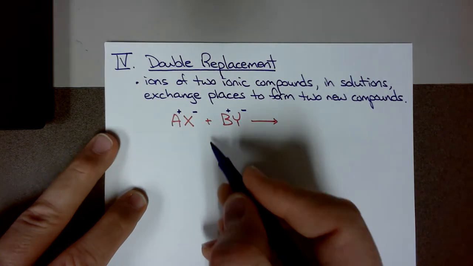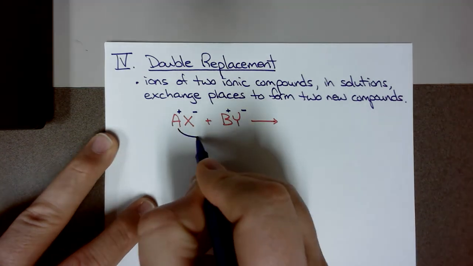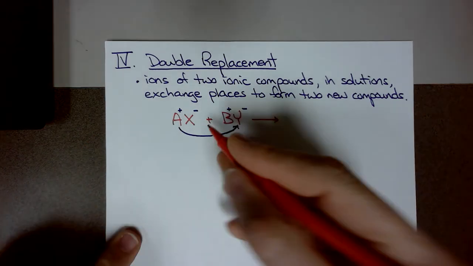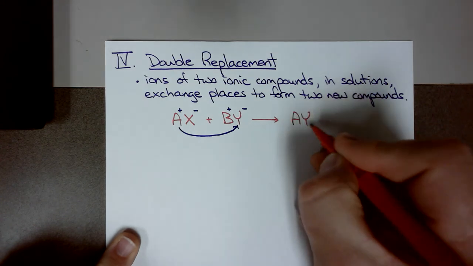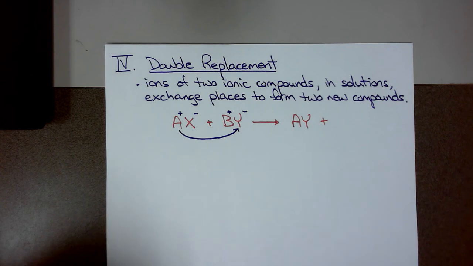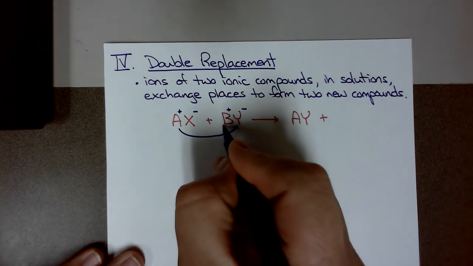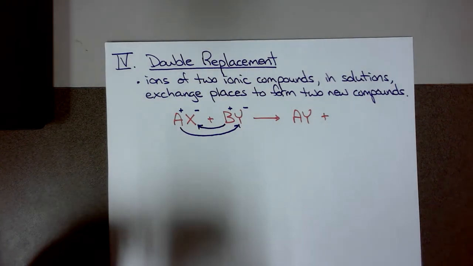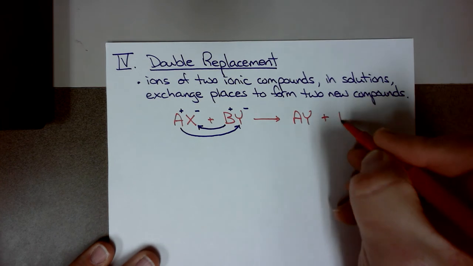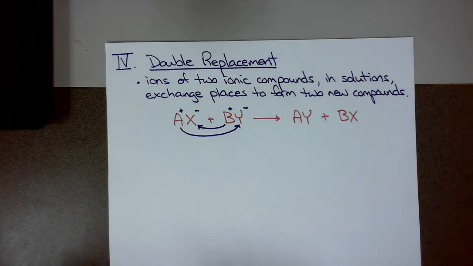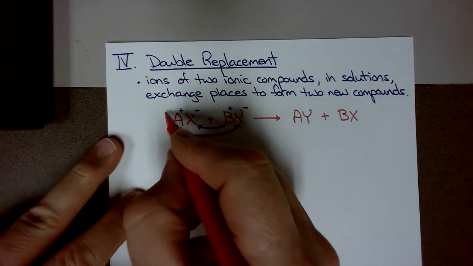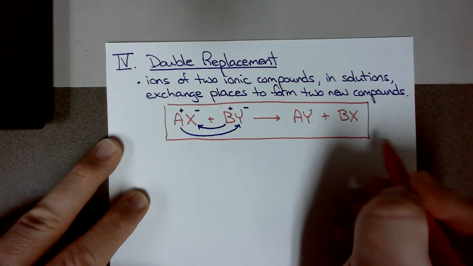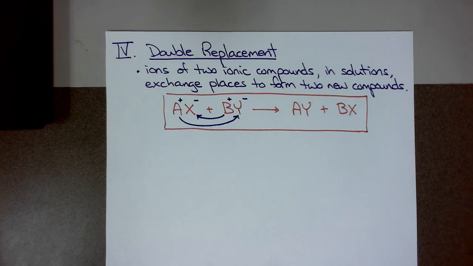So we have the cation reacting with the anion of the other one, so you get AY plus, and then the second replacement would be the cation reacting with the other anion, so there's two arrows, double replacement, and you get BX. Okay, so that's the general form for the double replacement. And we'll look at a couple of examples in just a second.